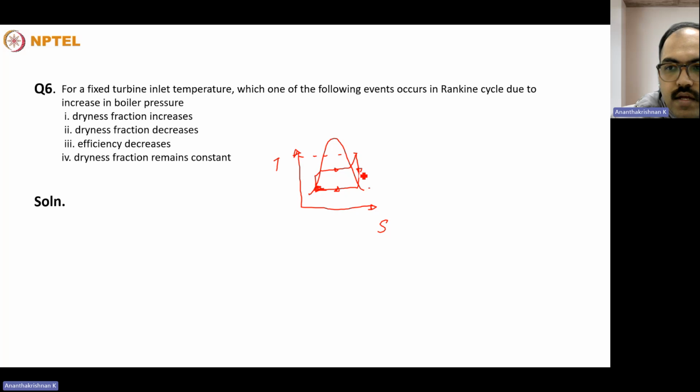So here, this is the pressure at which it operates. Now keeping the same turbine inlet temperature, this is the inlet temperature T1, T high. We are going to increase the boiler pressure.